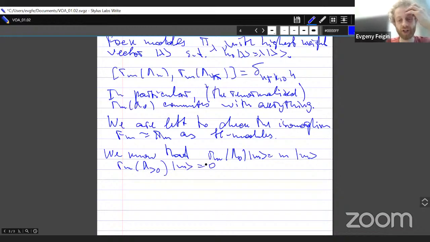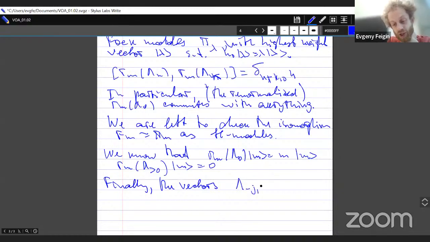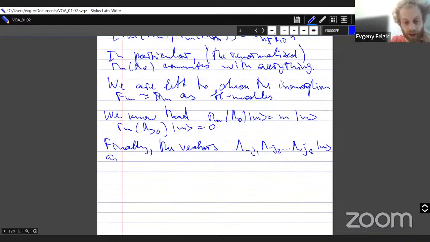And finally, the vectors λ_{-j_1} through λ_{-j_s} applied to M are linearly independent.